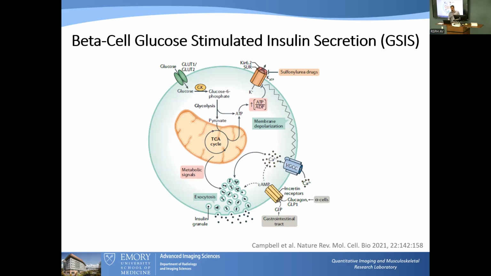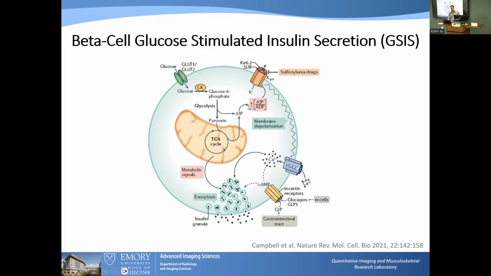I'm certainly not a cellular biologist, but this cartoon is just to illustrate some of the high-level things that are happening within the beta cell during glucose-stimulated insulin secretion. You've got the GLUT1 or GLUT2 transporter, depending on if you're an animal or a human, on the outside of the cell that brings glucose into the cell. That is then used in the TCA cycle through oxidative metabolism.